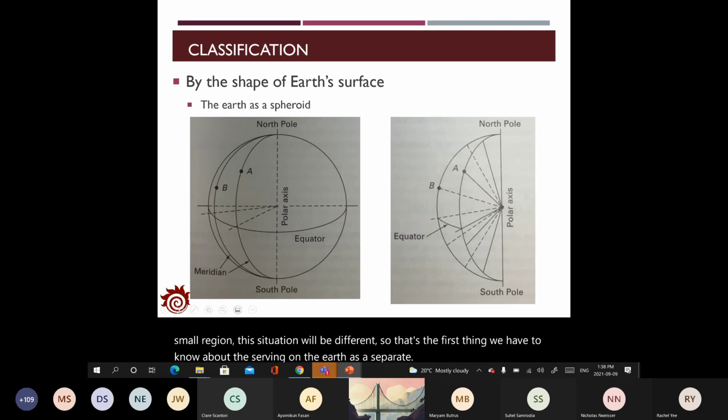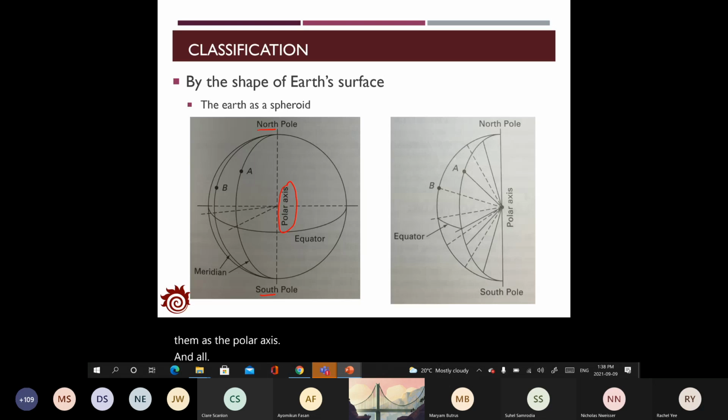There are also some other concepts we will define for the Earth's surface. First of all, we have to identify two points: one is the north point, the other is the south point. If we connect these two points, that will be an axis, which we define as the polar axis.